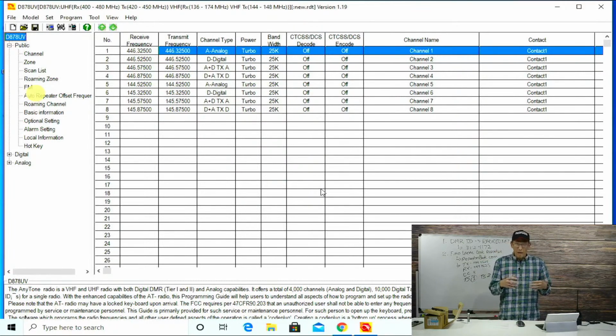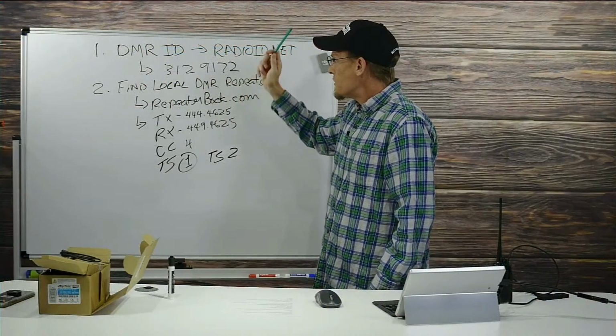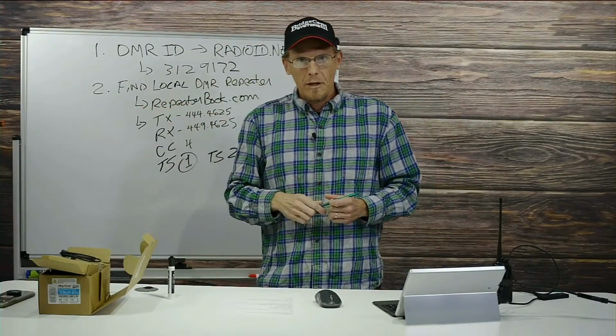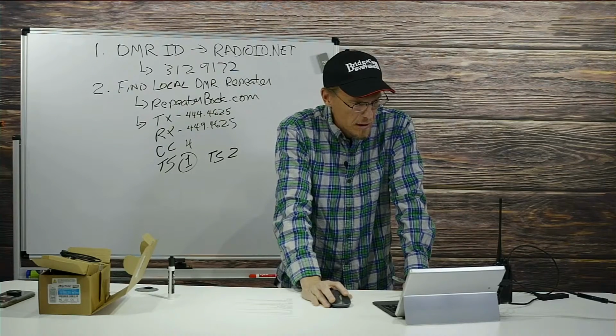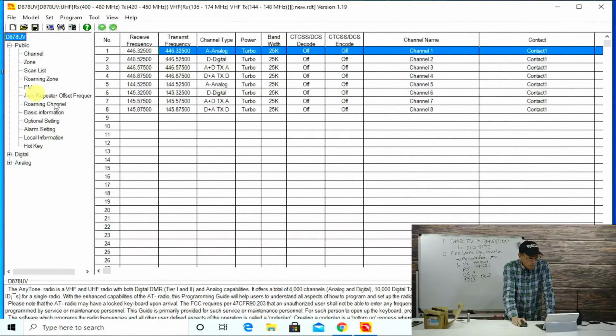Now this is where the information we just gathered is going to become important. I've got my DMR ID at radioid.net, and I know it's that number. So what do you do with that number? Well, you want to go down here and try to follow along with me. I see that the highlight of my cursor is not following me.